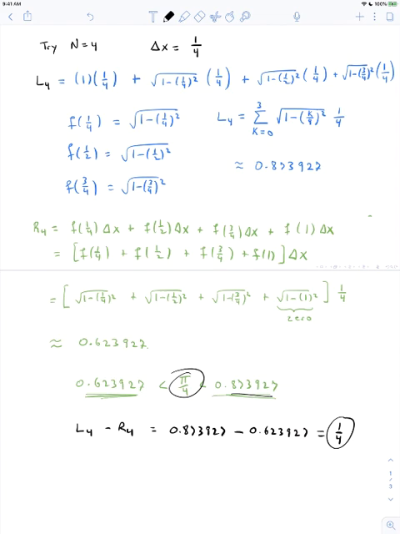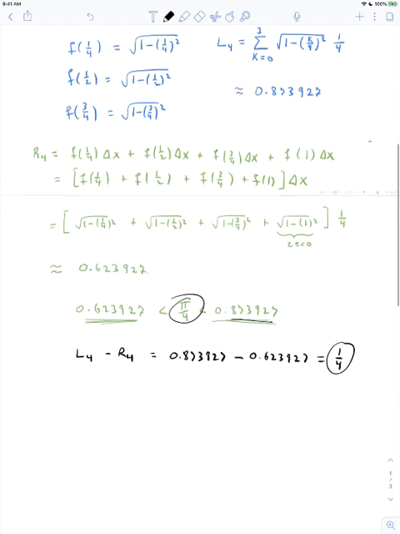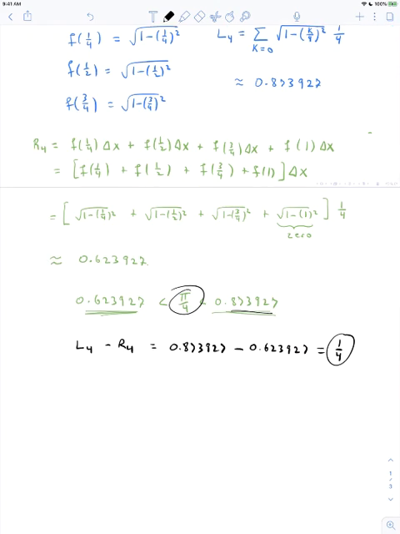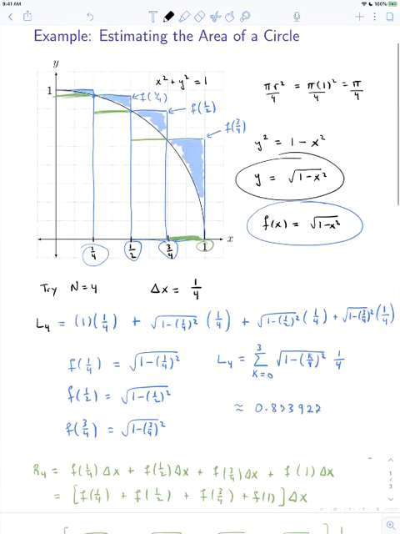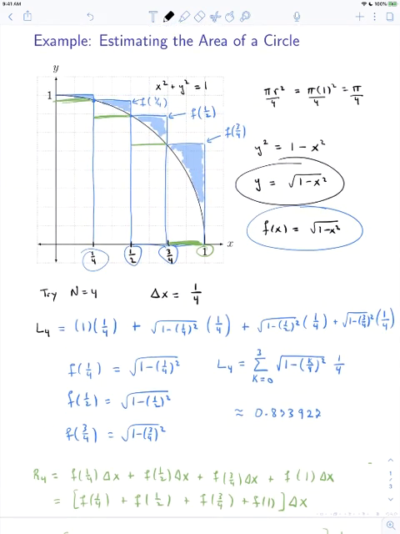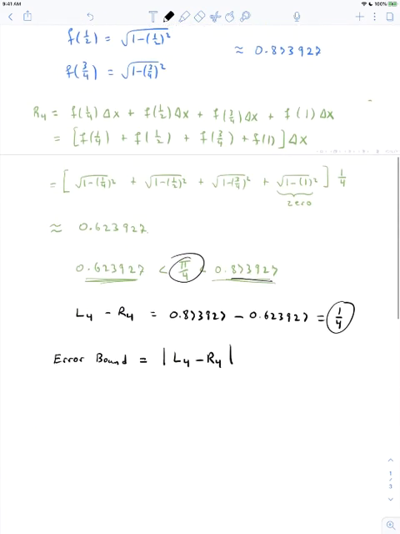Now, that's not a coincidence that it's 1/4, because we know how to compute the error, or at least a bound on the error. So our error bound is equal to the absolute value of L4 minus R4. Now, when I say that we have an error bound, that's because this is a decreasing function. And if you have a decreasing function, then you know the error is always going to be smaller than this distance.